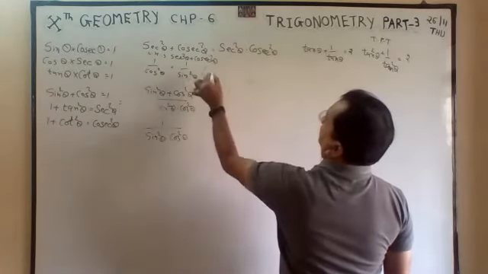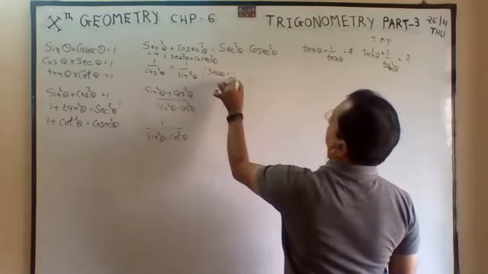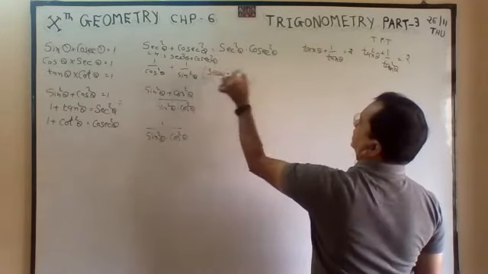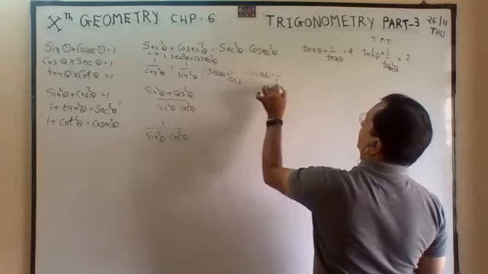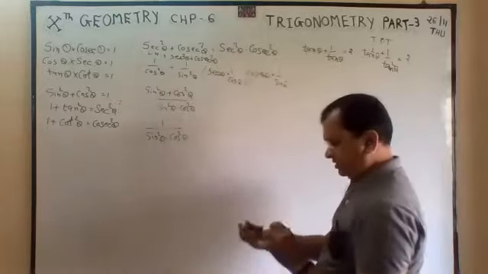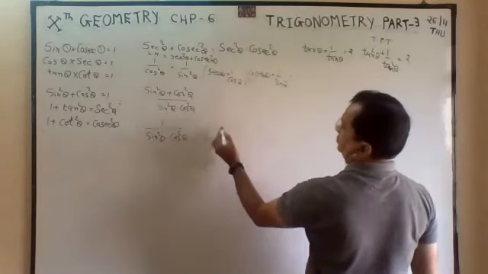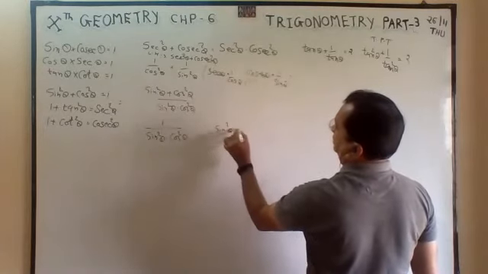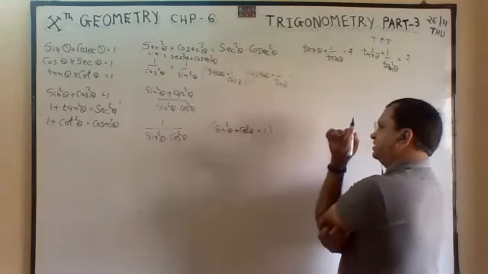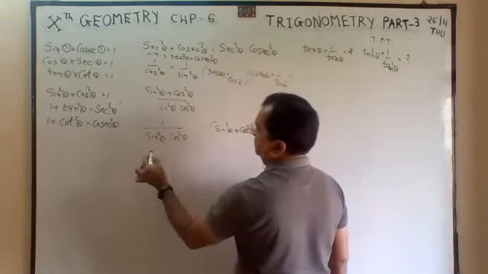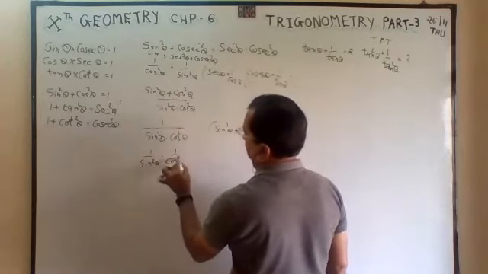So here I will write sec theta is equal to 1 by cos theta, and here I will write cosec theta is equal to 1 by sin theta. Then I will write what I have substituted, sin square theta plus cos square theta is equal to 1. Correct. So this I will write 1 by sin square theta dot 1 by cos square theta.